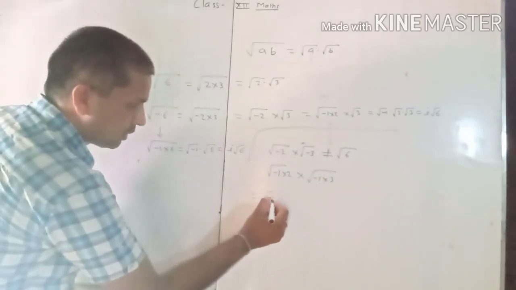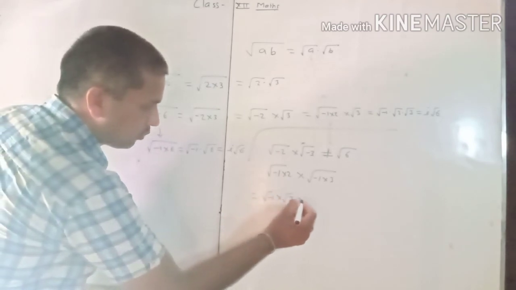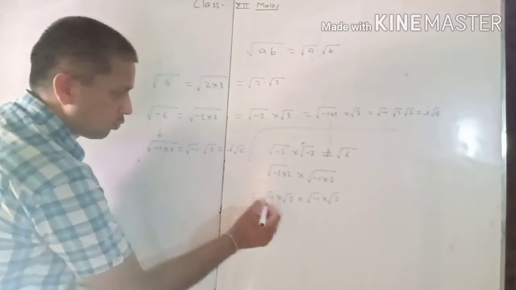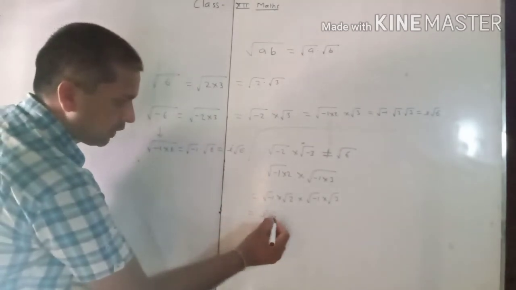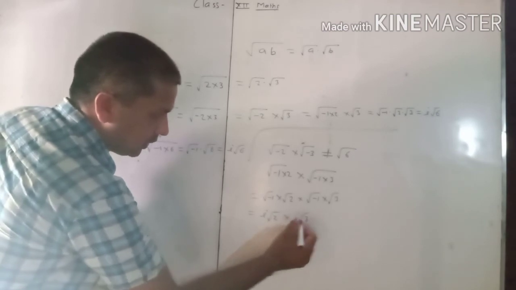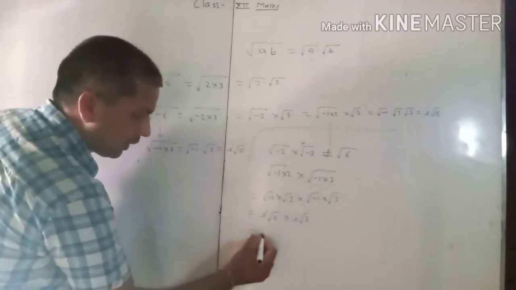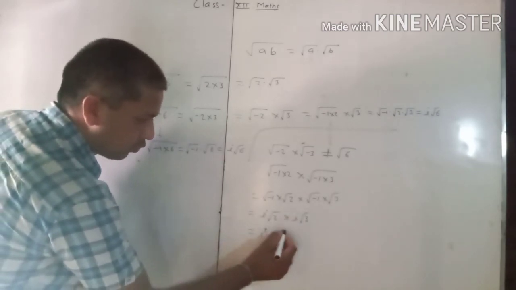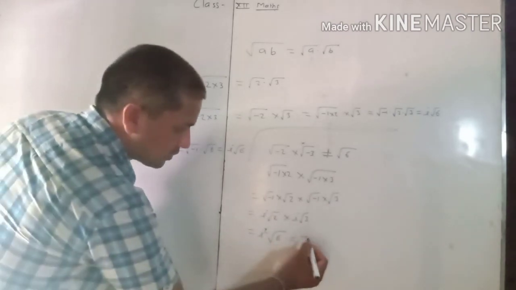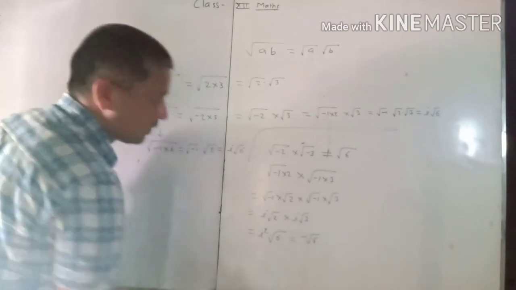So root minus 1 root 2, root minus 1 root 3, so root minus 1 means I root 3, I root 2, I into I square, I into I means I square, and root 2 times root 3 is root 6. I square means minus 1, so minus root 6.